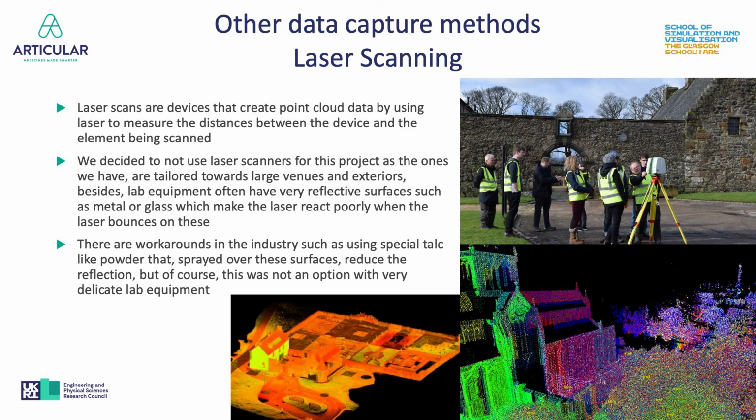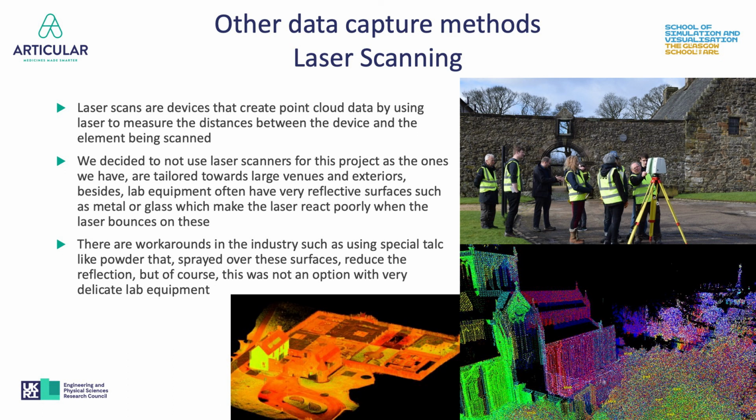Another data capture method is laser scanning, which uses laser scans to create point cloud data of the landmark, object, building, or statue that you want to create in 3D. We decided not to use laser scans for the same reason as photogrammetry.